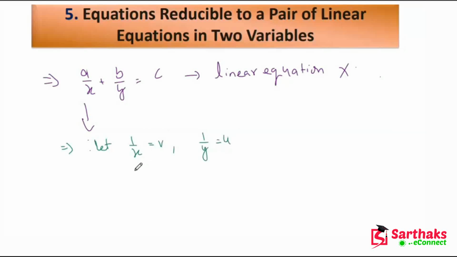Now we have new variables v and u, so we get av plus bu equals c. So we have a linear equation in terms of v and u. I hope you get this point, how we convert it into a linear equation.